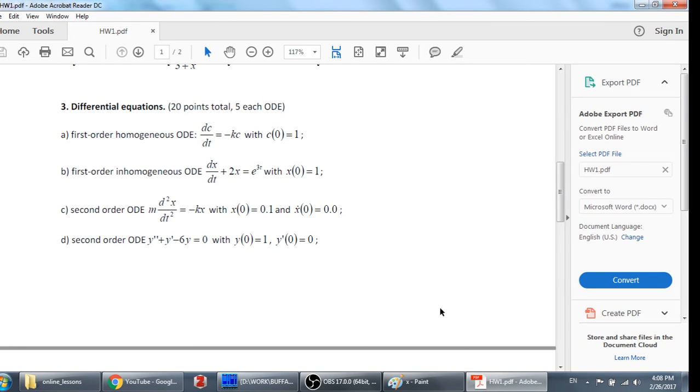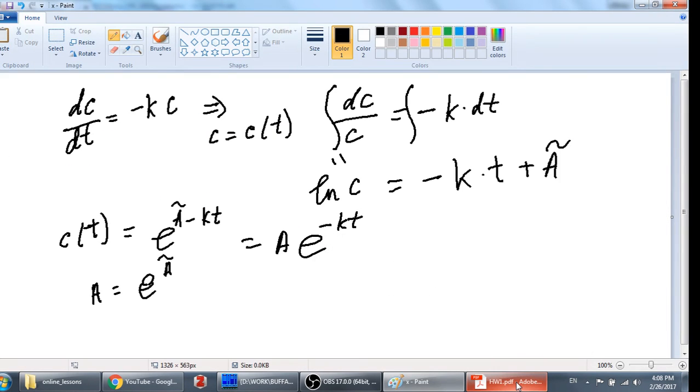But in this problem we are asked to find a specific one such that C of 0 is 1, and that's the condition that allows you to find this integration constant a. If you plug 0 as the argument, you get C of 0 is a times e to the 0, which is 1, so that's a.